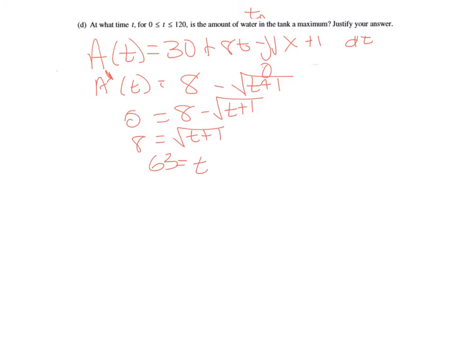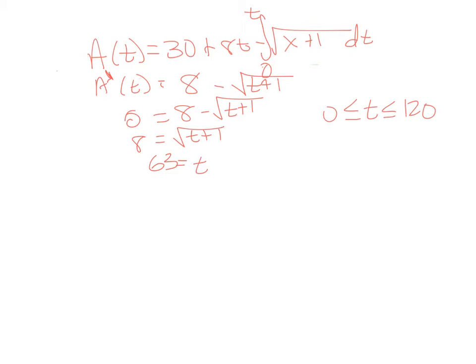Remember, though, we also have t from 0 to 120. So now the question is, is that really the biggest? So we know A of 0 is 30. We need to figure out, is A of 63 the max, or is A of 120 the max?